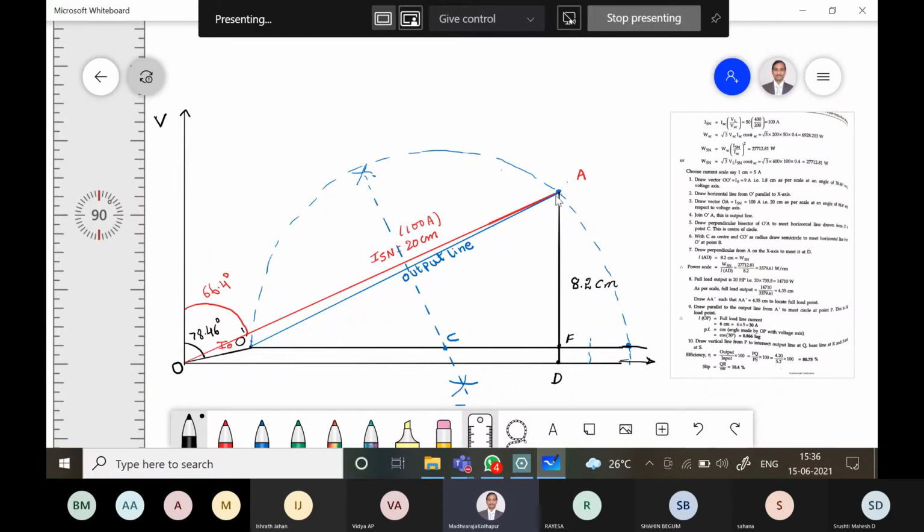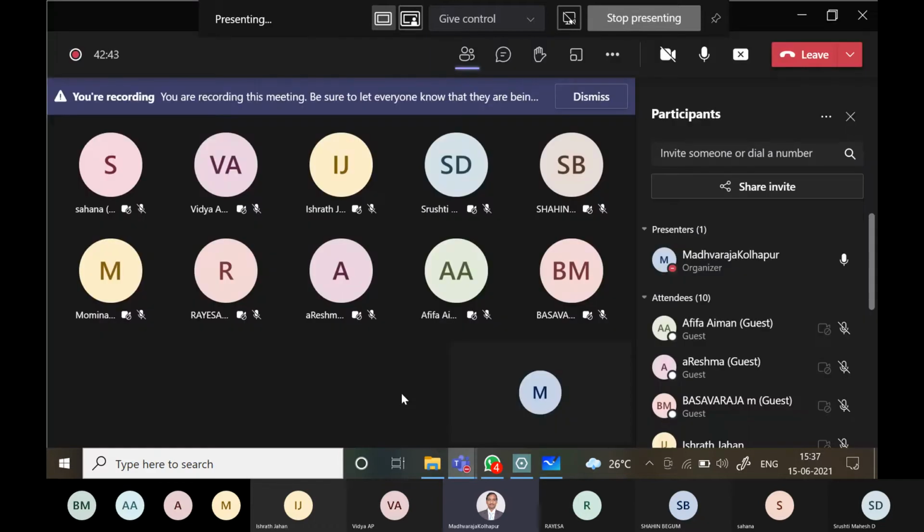Length of AD is equal to 8.2 centimeter. Momina, how much did you get? 7.9, sir. Okay, 7.9 is nearer to 8.2.